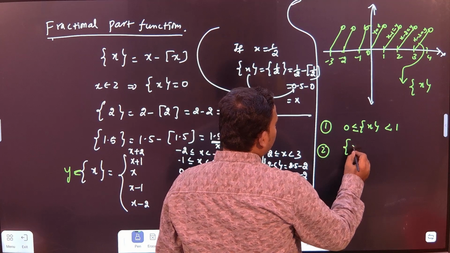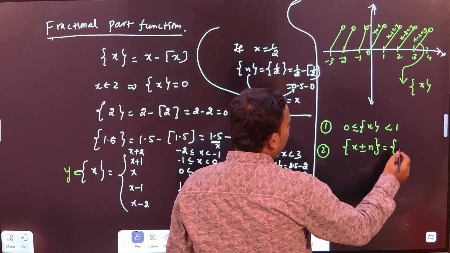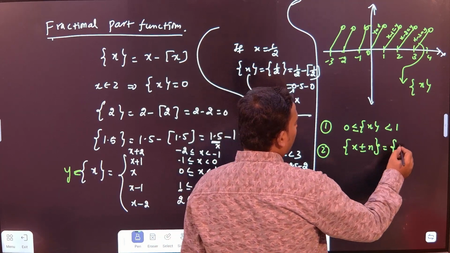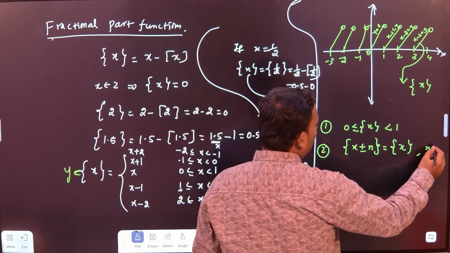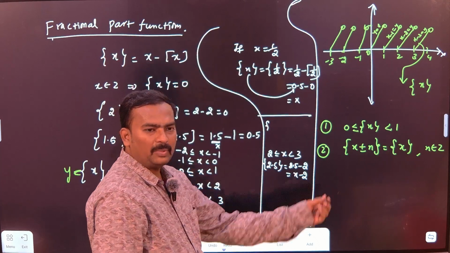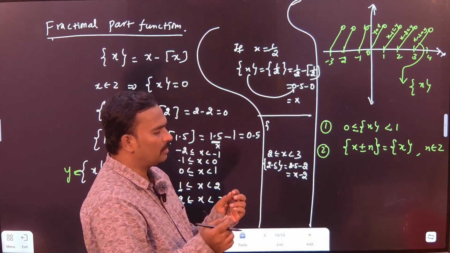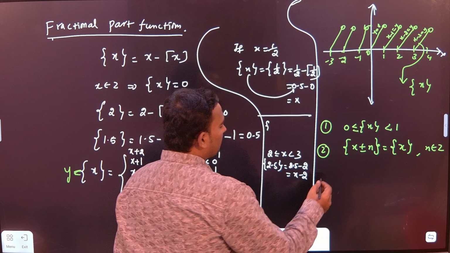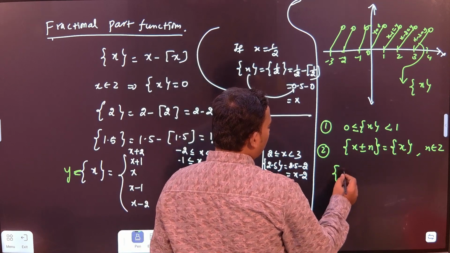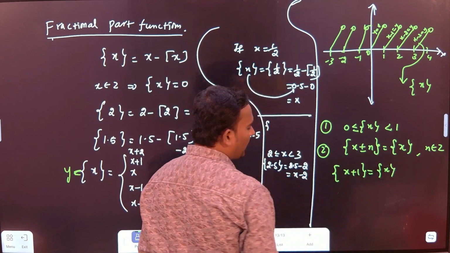Second thing, the fractional part of x plus or minus n, you can write as the fractional part of x, because n belongs to integers. So if n belongs to integers, the fractional part of x plus or minus n is equal to the fractional part of x. For example, here the fractional part of x plus 1 is the same as the fractional part of x.